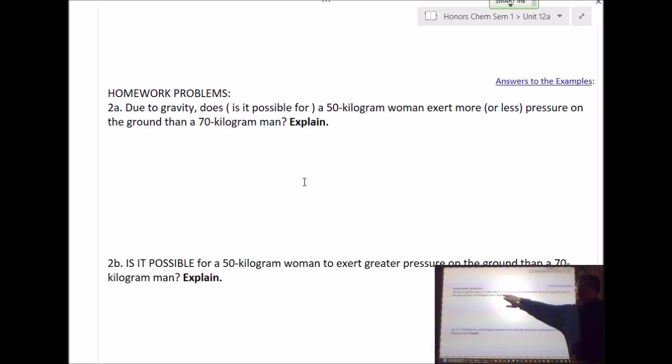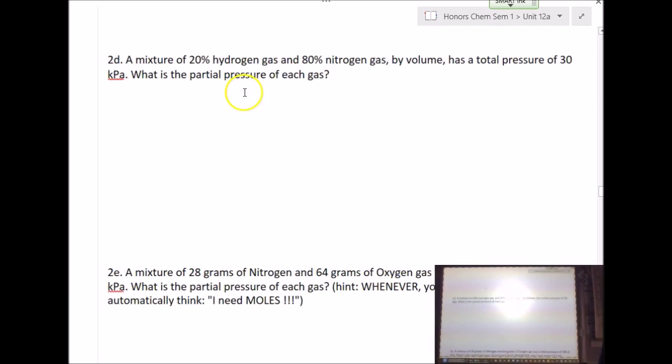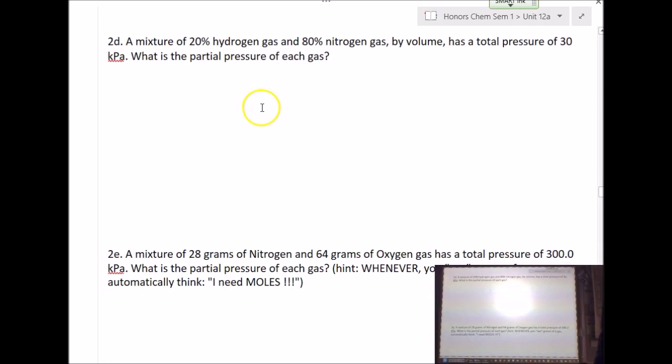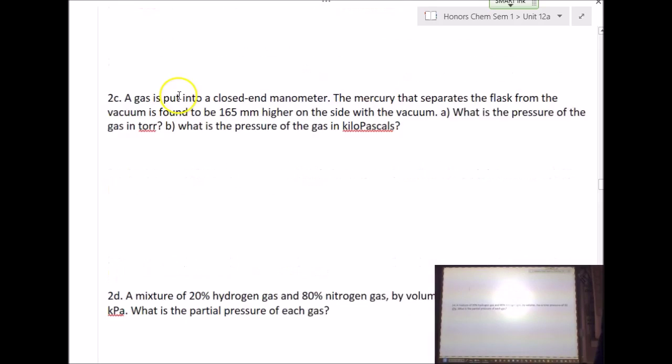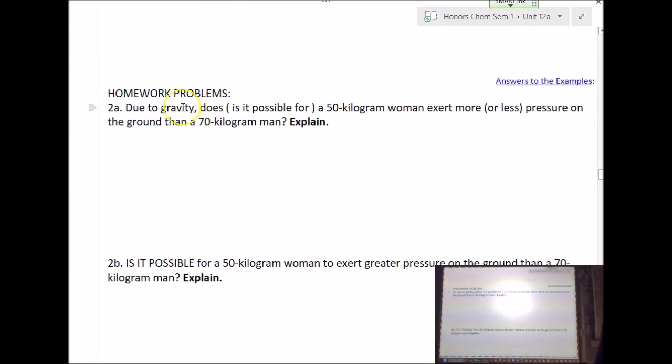And again, there is no wrong answer as long as your explanation justifies what you're saying here. These two questions are different, so it doesn't come easily at first. Then 2C, 2D, and 2E, sadly, are just plug and chug calculations. But A and B, I'm getting you to try to think here a little bit.